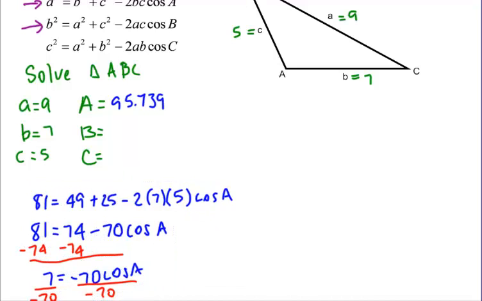And if we've identified 2 of the 3 angles, we can add up and subtract from 180. So B squared now, 49, equals A squared plus C squared minus 2 times AC cosine B.